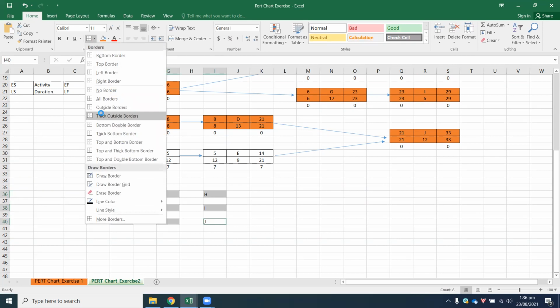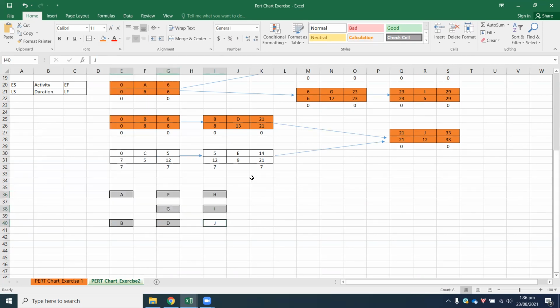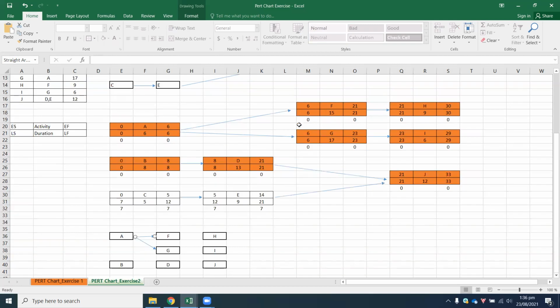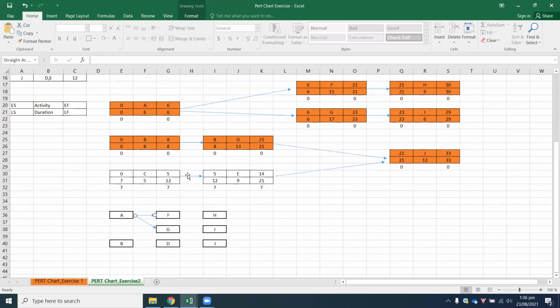Now you have to place the arrows properly to ensure that they are aligned well. So you have activity A. Together with that, you have F and G running, very much similar. And then you have these two activities.